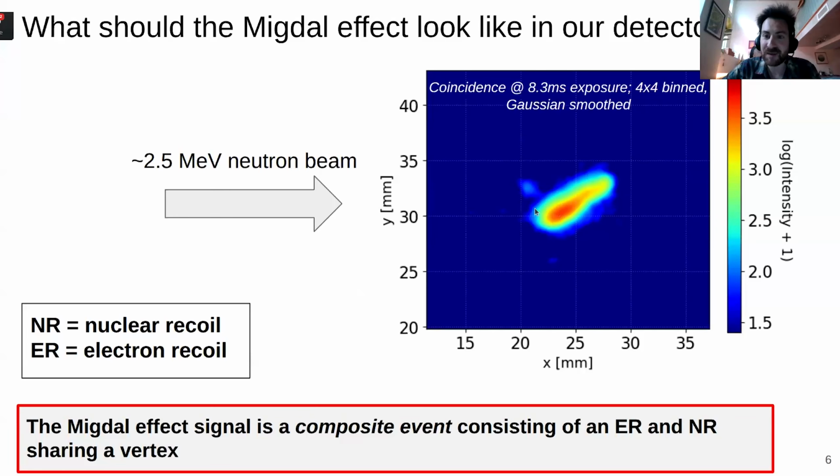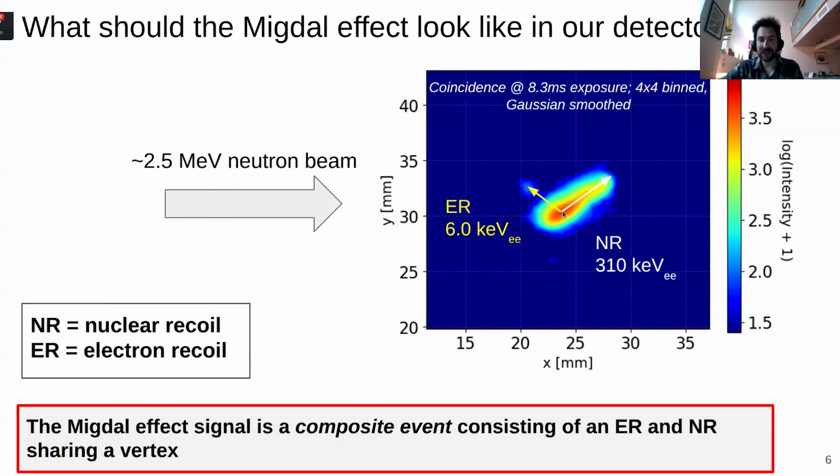And so that's why the events that we're looking for look something like this, a nuclear recoil and an electron recoil sharing a vertex. Another thing to add is that, fortunately, the ionization profile of electron recoils just so happens to be such that the brightest part of the electron recoil is at the end of the track, which really helps us.